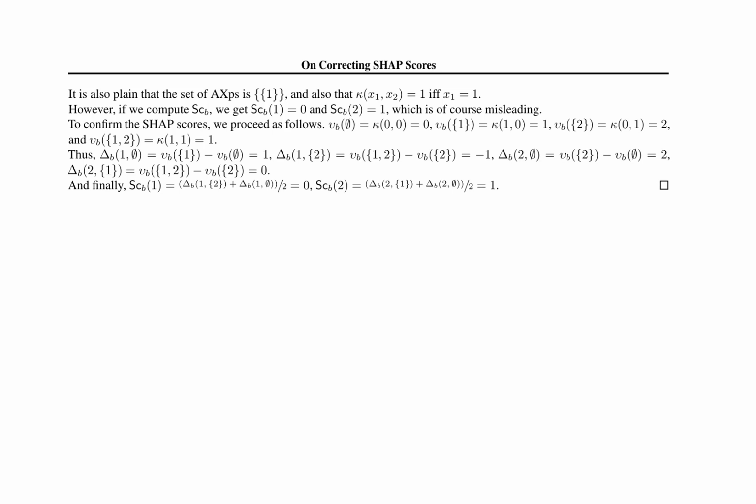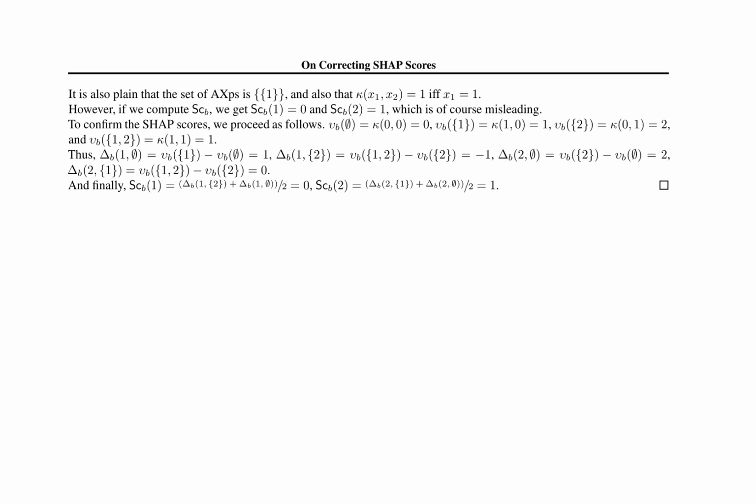The B values are computed as B(∅) equals κ(0, 0) equals 0, B({1}) equals κ(1, 0) equals 1, B({2}) equals κ(0, 1) equals 2, and B({1, 2}) equals κ(1, 1) equals 1.